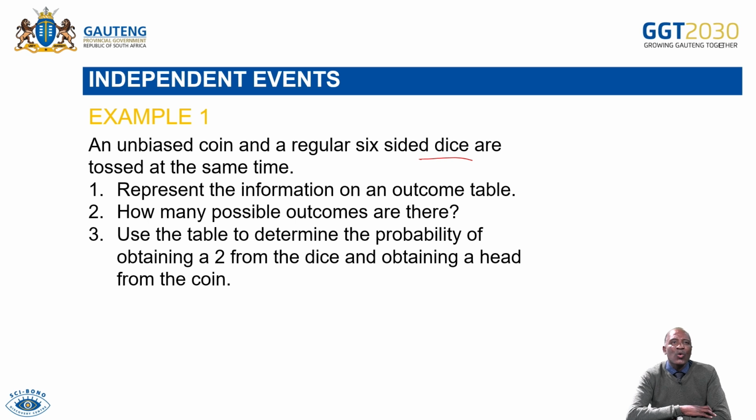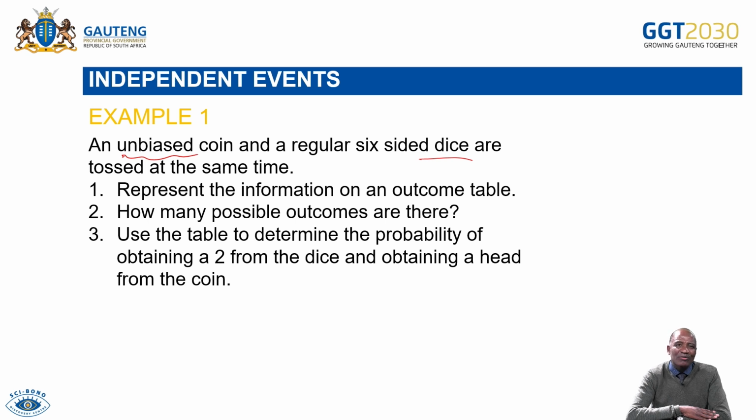Right. So we are saying we are going to toss these two. It's an unbiased coin. What do we mean by an unbiased coin? This is a coin that is evenly balanced on either side.